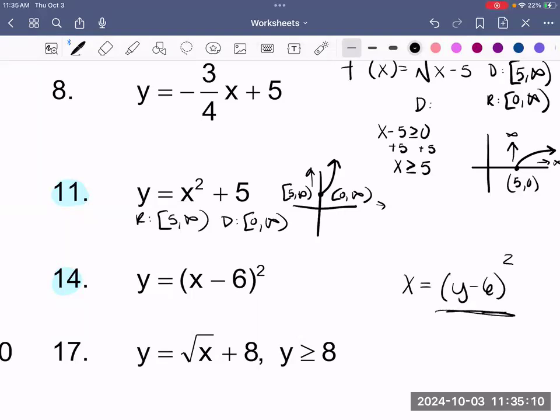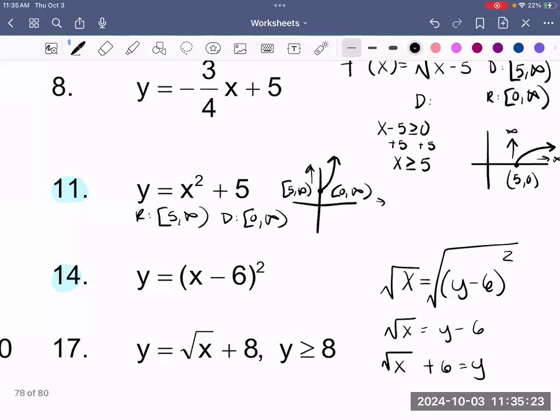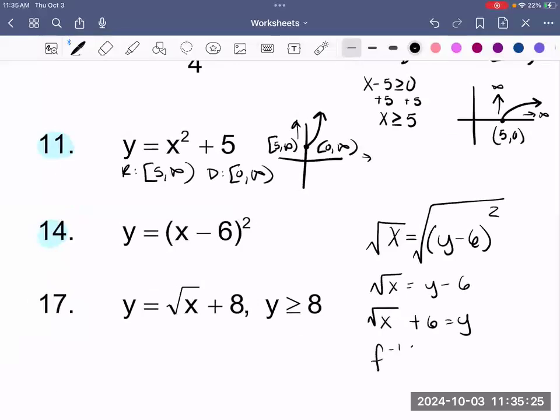Now this y term is all alone to one side, so that means we can go ahead and square root both sides. Y minus 6, so we can say x plus 6 is equal to y. So your inverse function of x is equal to the square root of x plus 6.